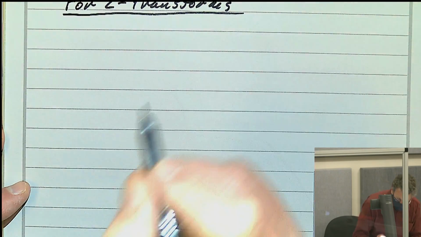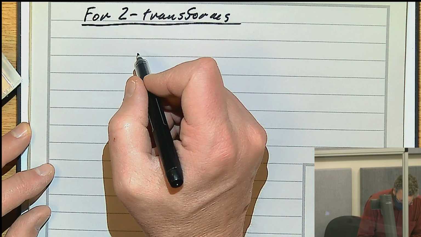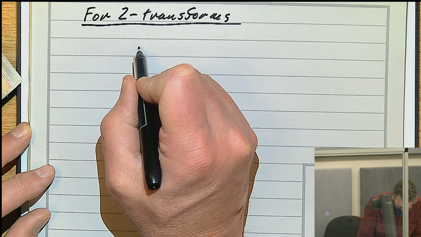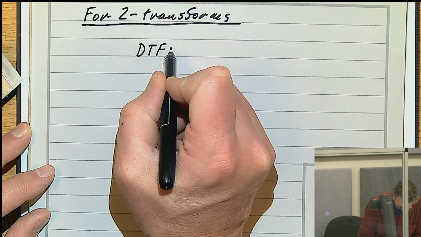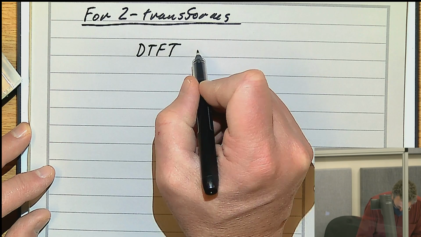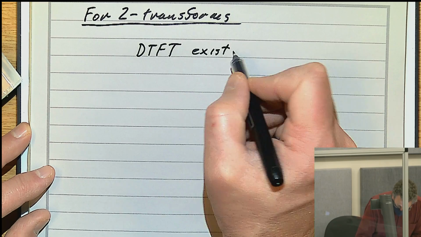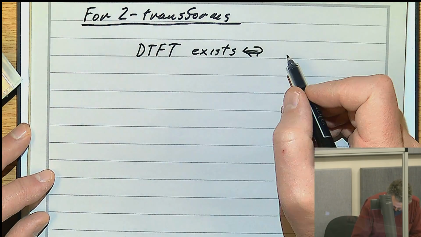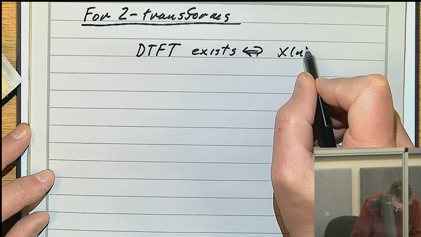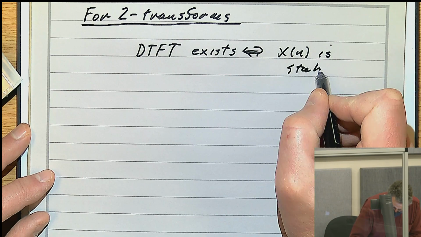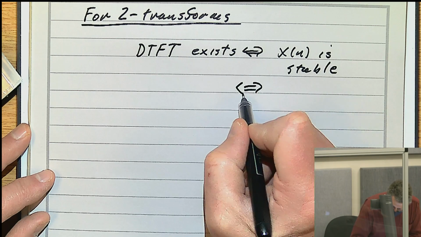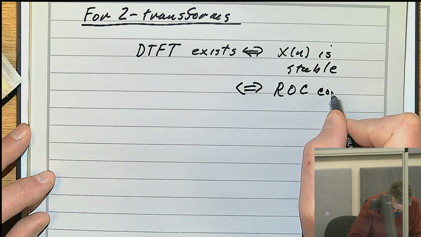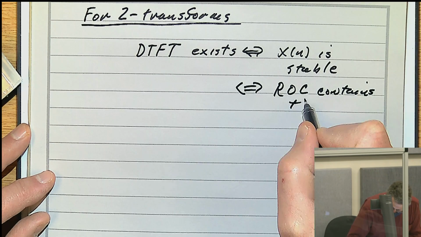The discrete time Fourier transform exists if and only if x of n is stable, and that's true if and only if the region of convergence contains the unit circle.